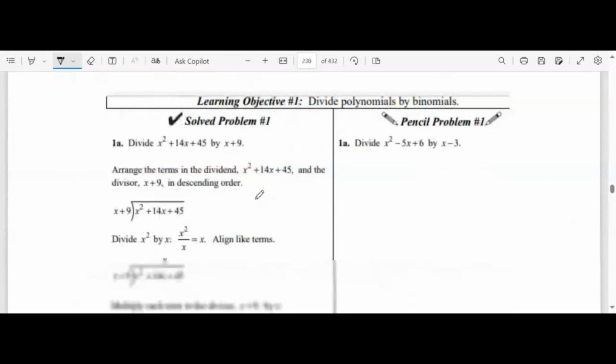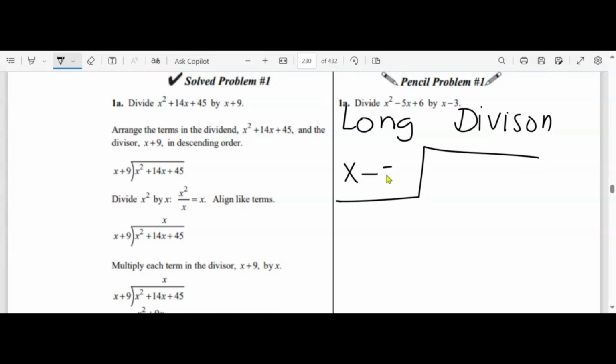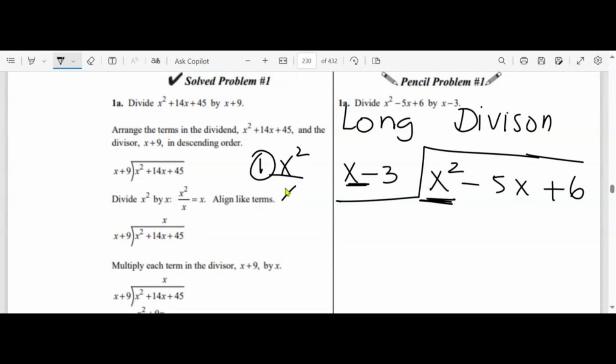Okay, let's move to the exercise here. He said divide. Now this is called long division. It's called what? Long division. So x minus 3, and here we're at x squared minus 5x plus 6. Clear? Now, first step, we take the first term, divide by first term. So x squared divided by what?